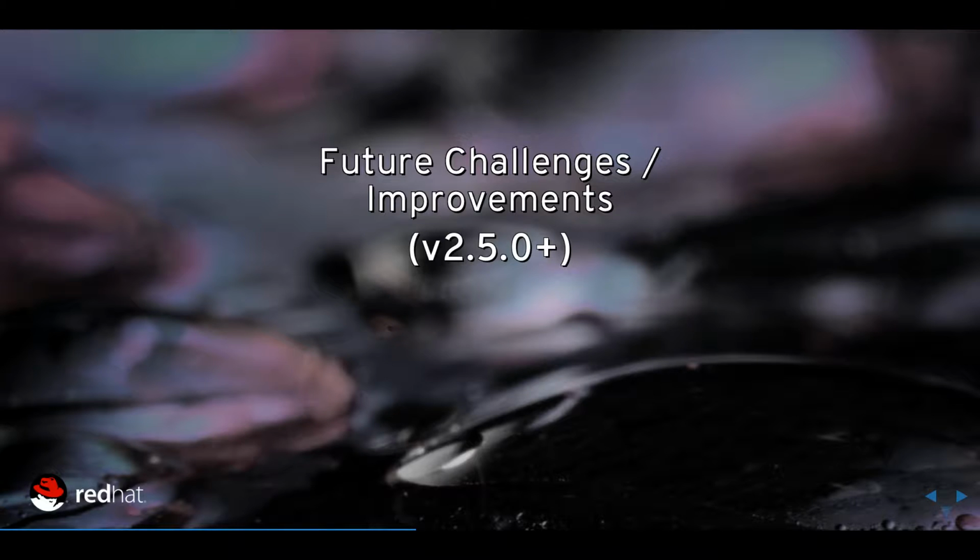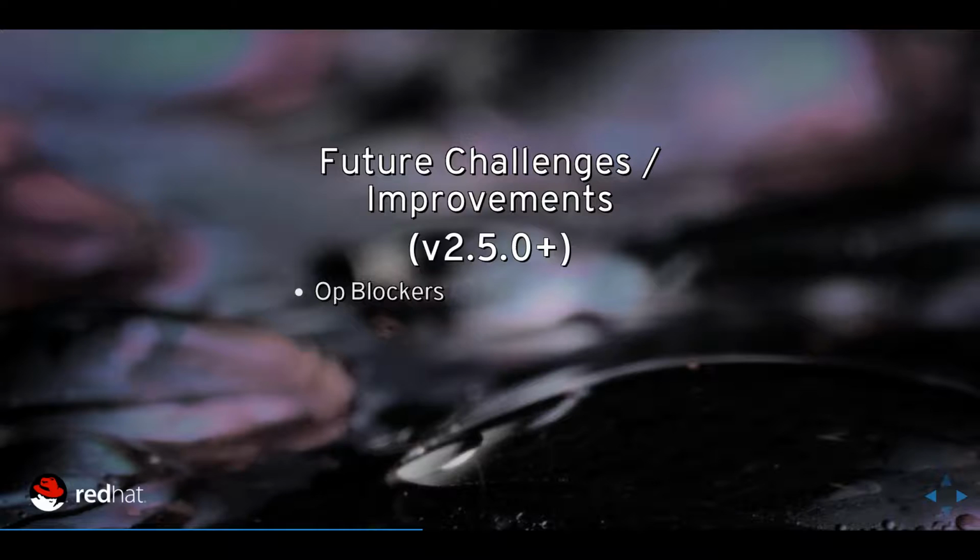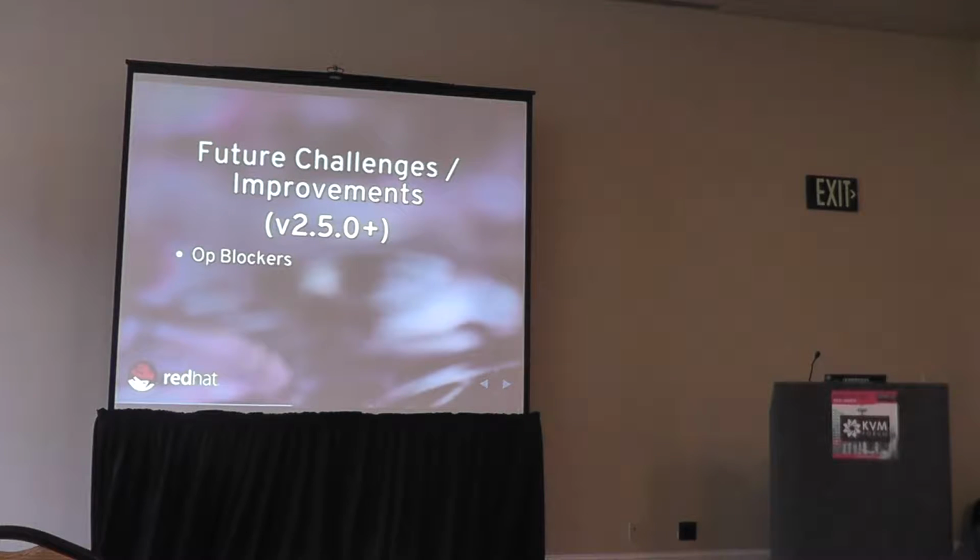So we have future challenges and some things that need to improve for 2.5. A couple of items on this list. One is op blockers, which stands for operational blockers. When we have block jobs, we have certain operations that we want to block and prevent from happening to keep the chain safe.